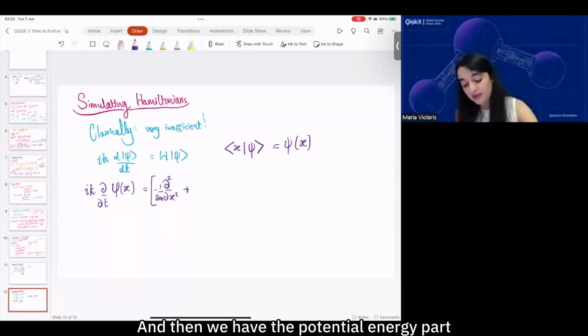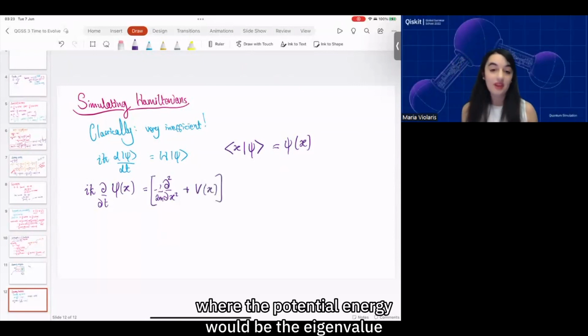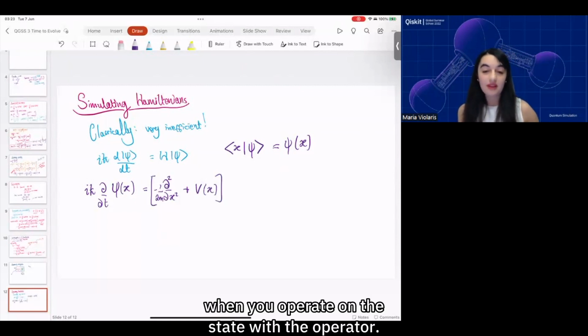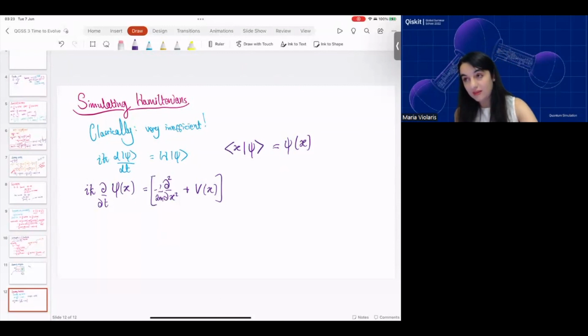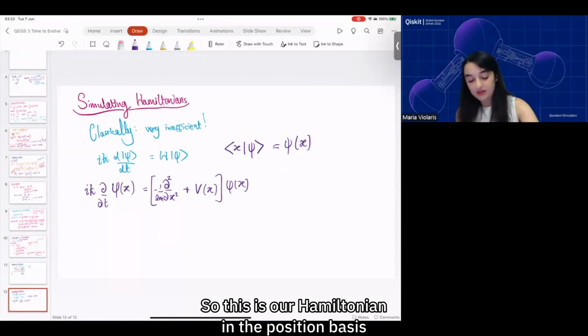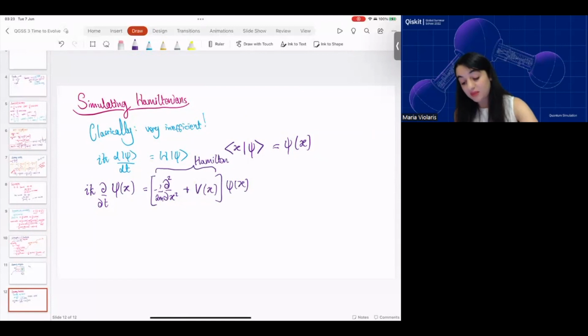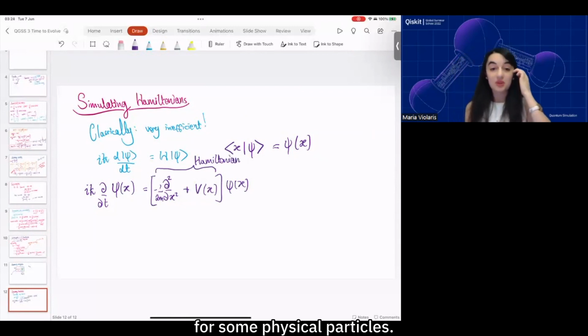And then we have the potential energy part, where the potential energy would be the eigenvalue when you operate on the state with the operator. So this is our Hamiltonian in the position basis for some physical particles.